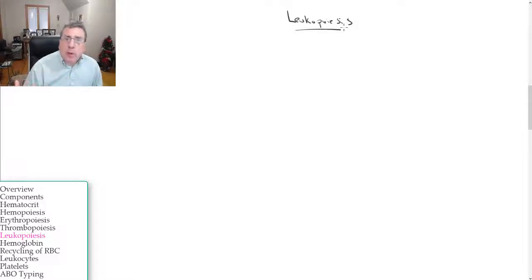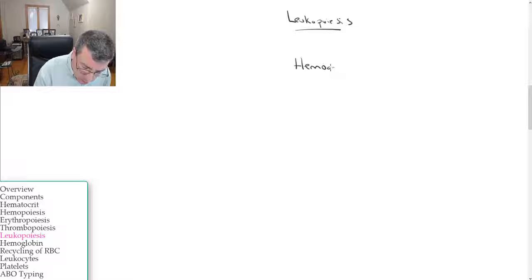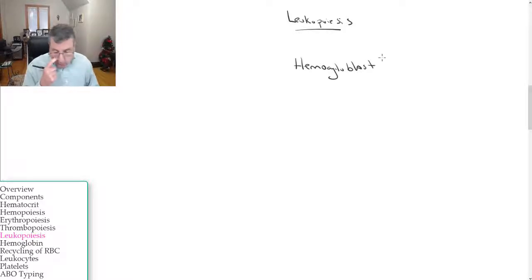As with erythrocytes and platelets, all of the formed elements originate from the common cell, the hemocytoblast. So let me look at this. Okay, so that is your common stem cell in which all the formed elements originate.